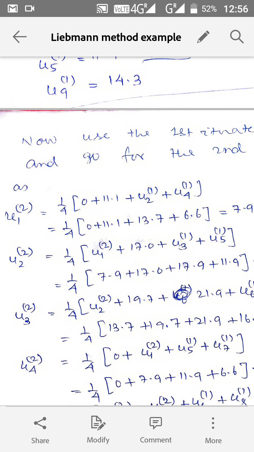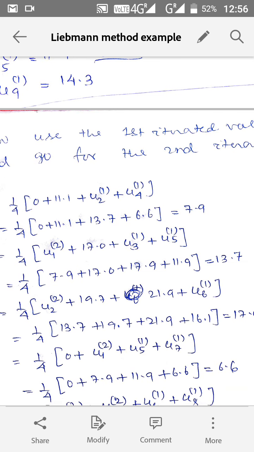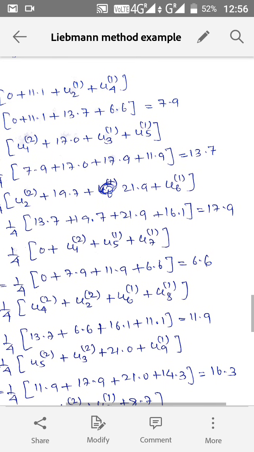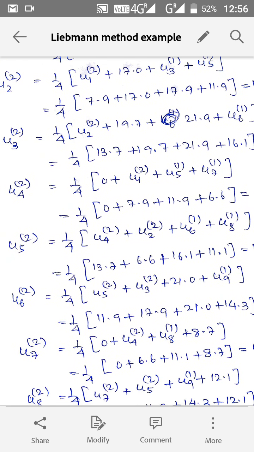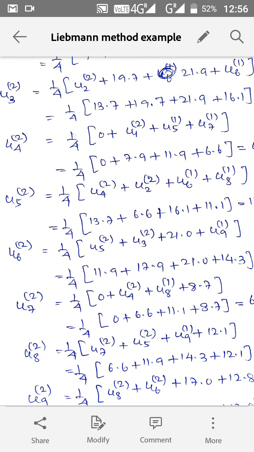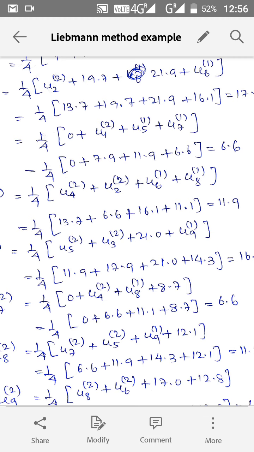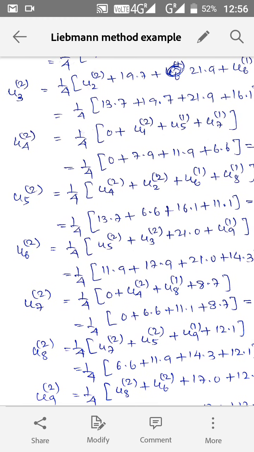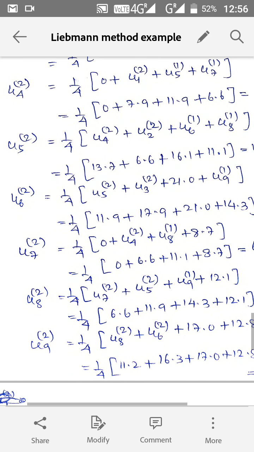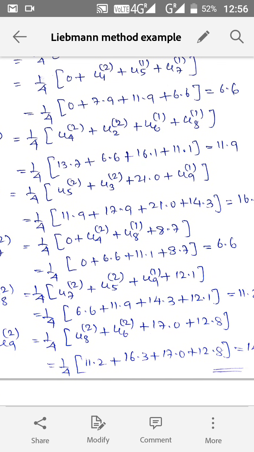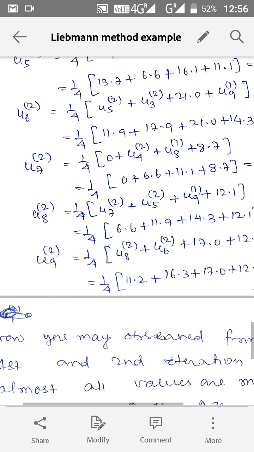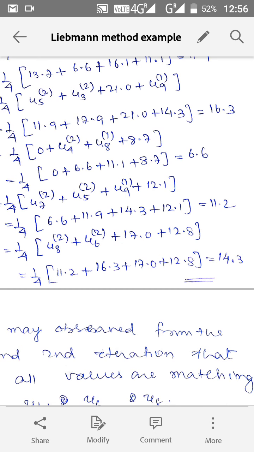And u2 will be nothing but 13.7, u3 of 2 will be nothing but 17.9, u4 of 2 will be nothing but 6.6, u5 of 2 will be nothing but 11.9, u6 of 2 will be nothing but 16.3, u7 of 2 will be nothing but 6.6, u8 of 2 will be nothing but 11.2, and u9 of 2 will be 14.3.